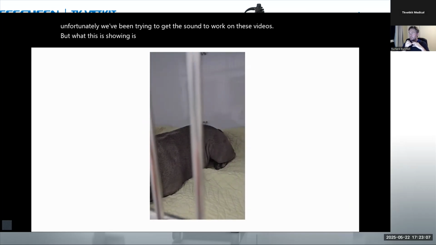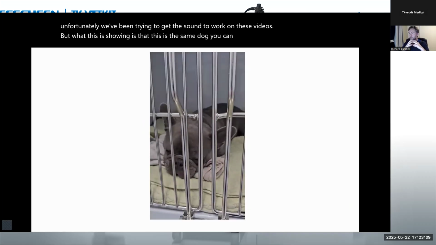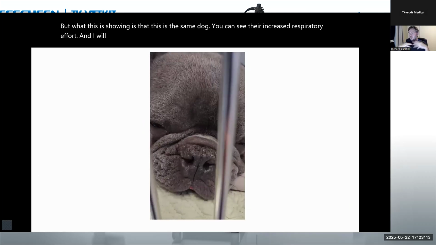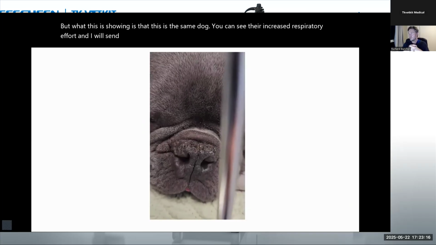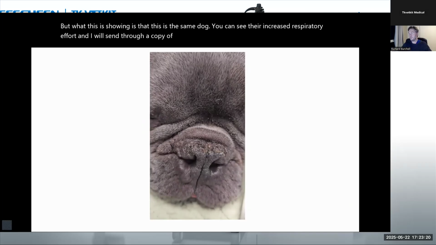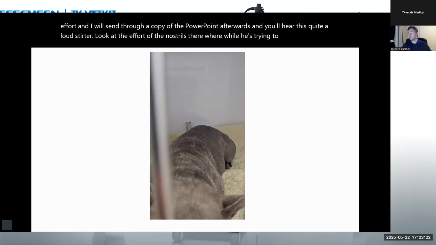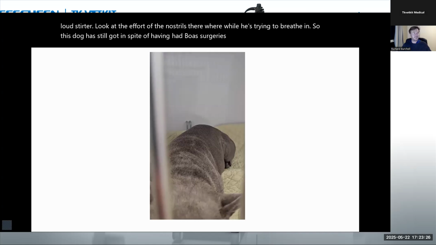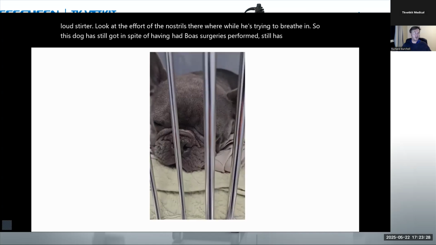You can see the increased respiratory effort, and I will send through a copy of the PowerPoint afterwards, and you'll hear there's quite a loud stertor. Look at the effort of the nostrils there while he's trying to breathe in. So this dog has still got, in spite of having had BOAS surgeries performed, still has significant impairment of his breathing.